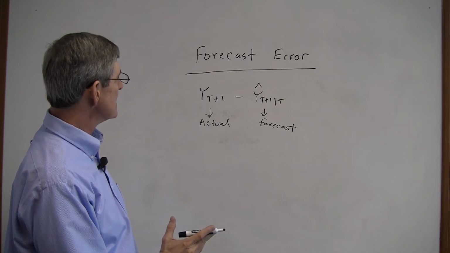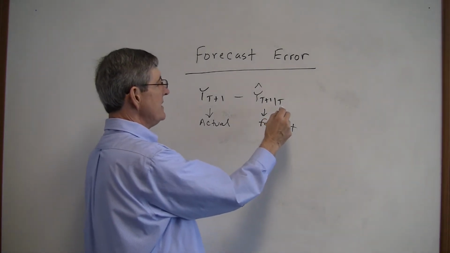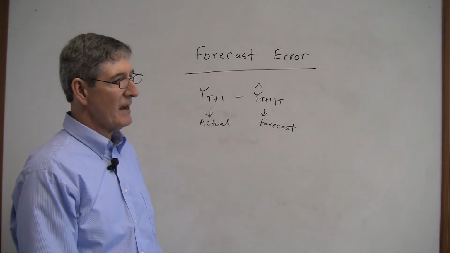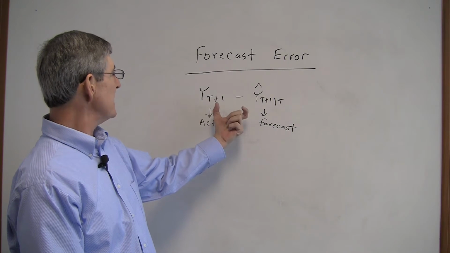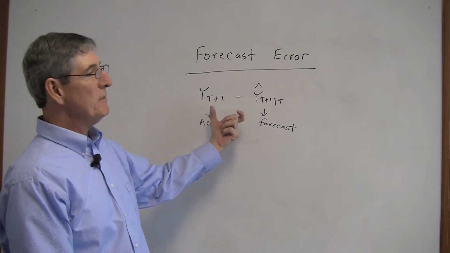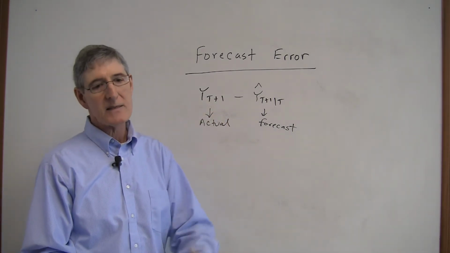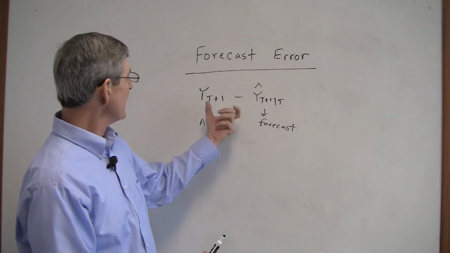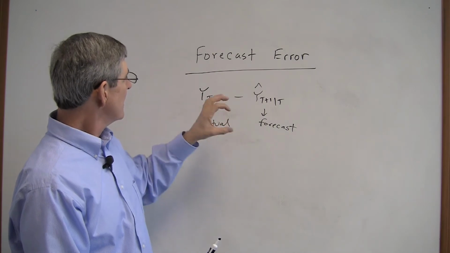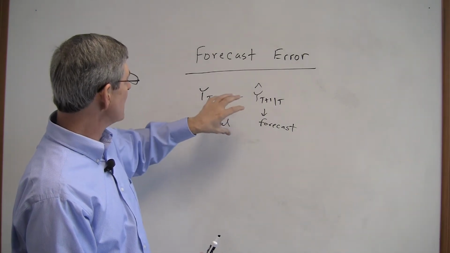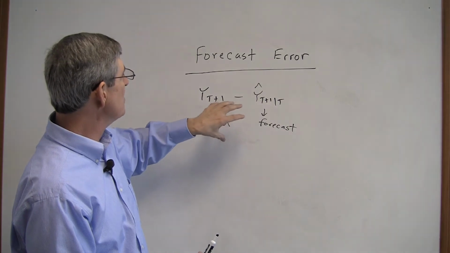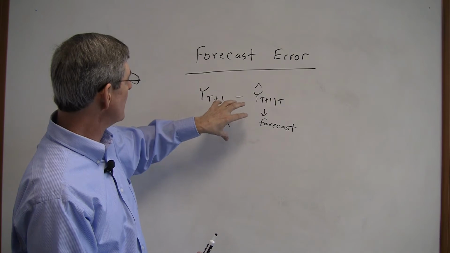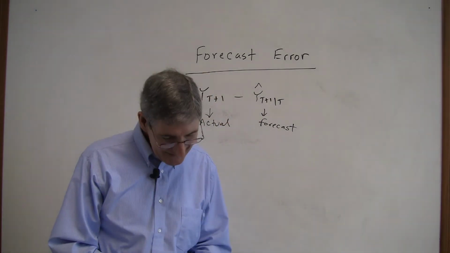Now, we don't know this. We're at time t. If we had t plus 1 data, we wouldn't need to forecast it. So we only have data through time t. We can't actually do this until t plus 1 actually happens. So we make the forecast for next year, then we have to wait till next year rolls around before we can calculate this forecast error. There's something we'll look at later called pseudo-forecasting that will allow us to immediately evaluate our forecasting ability in the model, but we'll save that till the end.